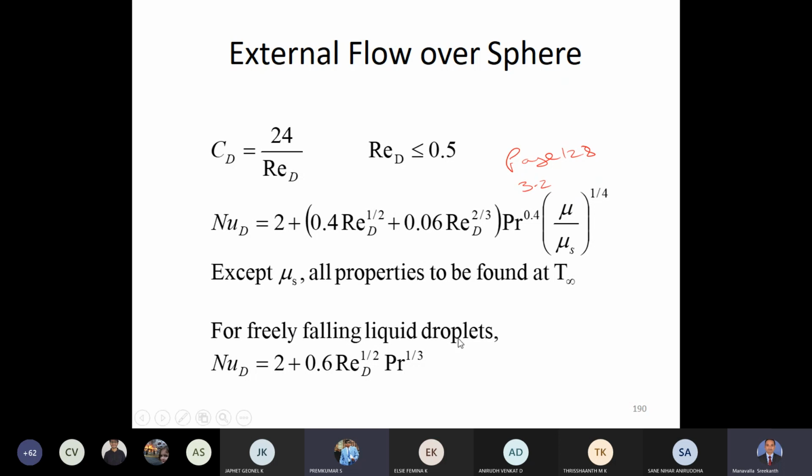And for freely falling liquid droplets, this is external flow over a sphere. I gave the example of steel balls in a ball bearing. When they are being quenched, they experience certain heat transfer, which can be quantified using this equation, so you can predict the rate of heat transfer. For freely falling liquid droplets, for example rain droplets, you can use this equation to find the heat transfer coefficient. Even though rain droplets are not exactly spherical, for practical applications we can assume them to be spherical.